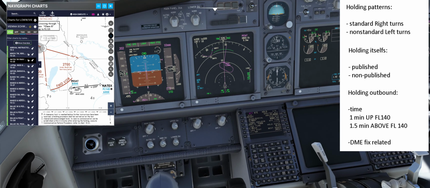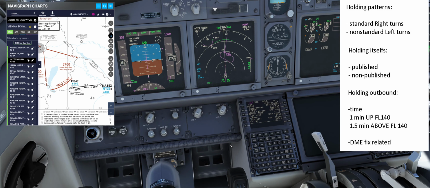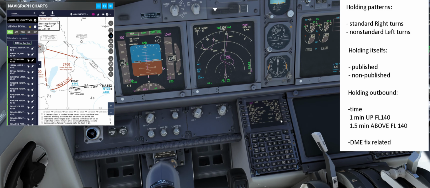And in order to have the most precise information, we can put, for example, our cleared level, which is flight level 100. Okay, and now he will recalculate, and he decided that the best speed is 200.